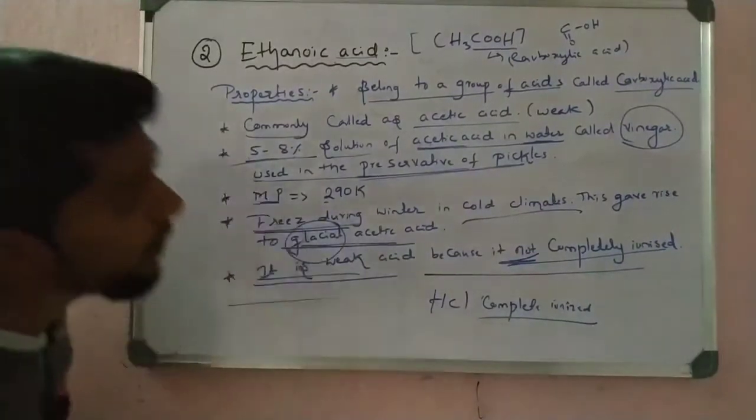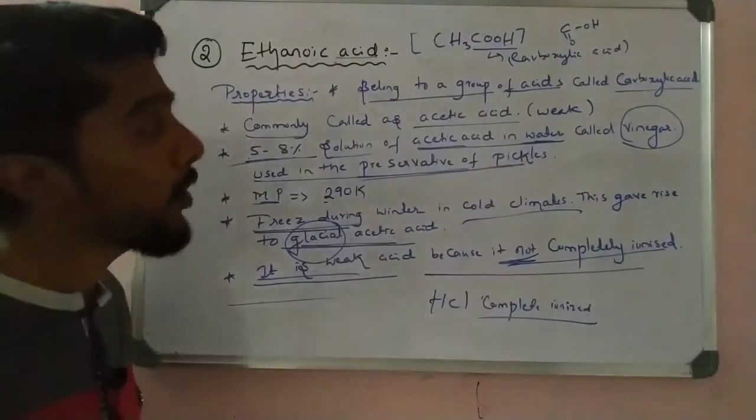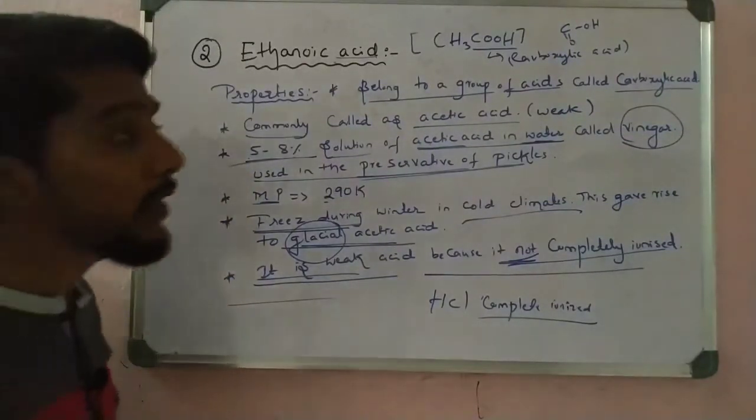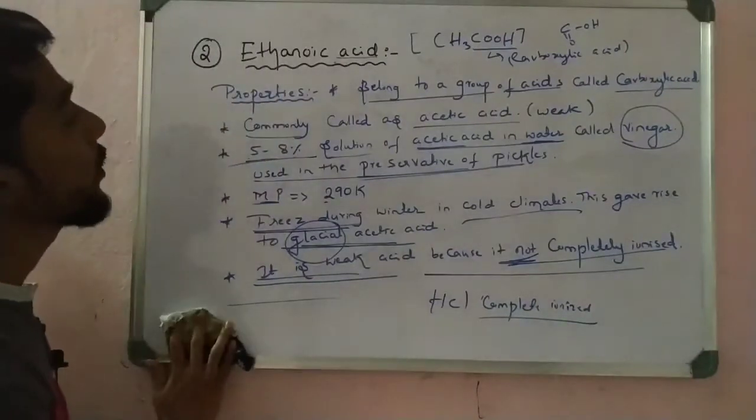Now let us write all the points one by one in notes and then come to the reactions of ethanoic acid. Here again 2 to 3 reactions are there, so we can finish them one by one.